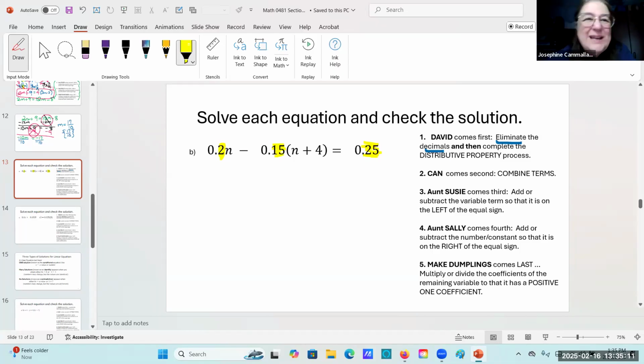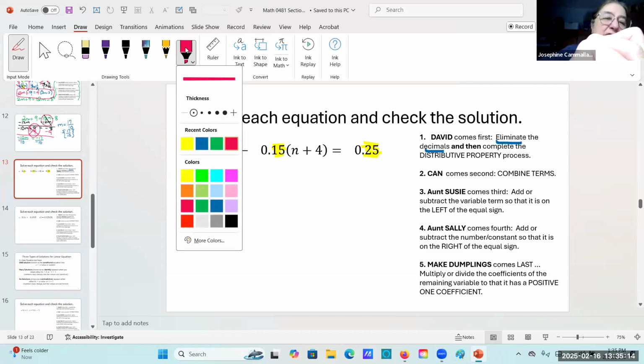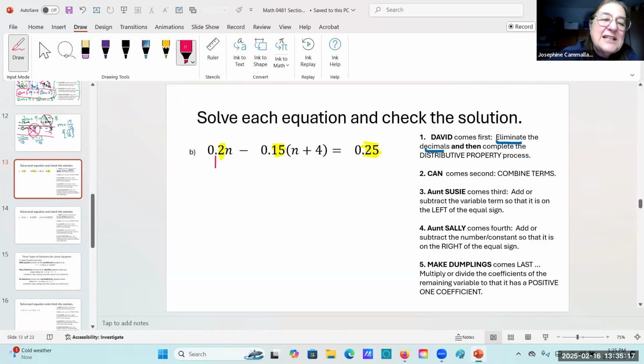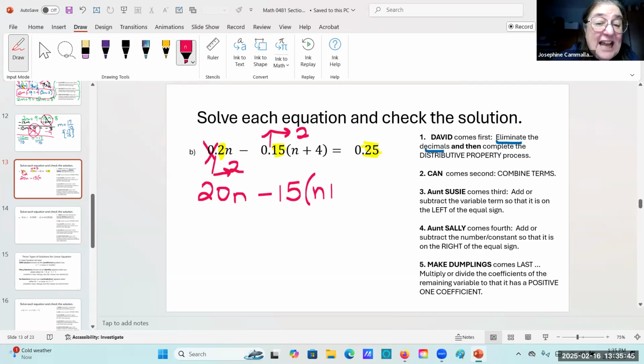Well, with decimals, it's real easy. What you're going to do is take this decimal place and move it 2 places, which means this 0 point is going to go away, and I have 20n. This decimal is moving 2 places behind the minus sign. This is 15. Now notice, I did not touch the parentheses.